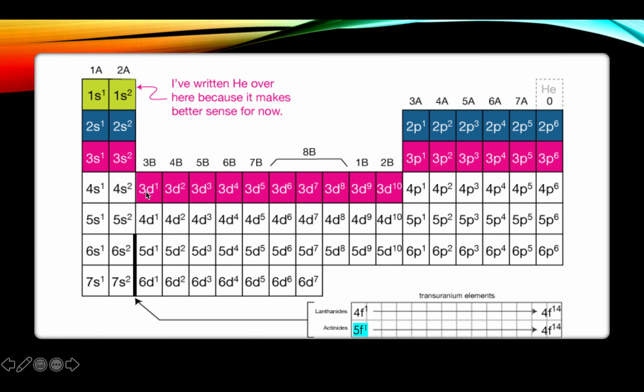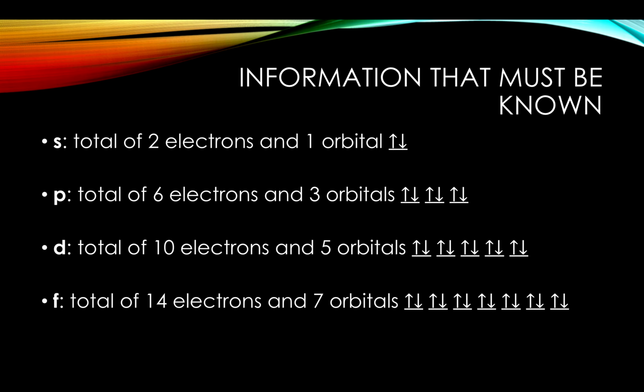The explanation is not going to be given to you because there's a long process. It's more like college level, and it will bring more confusion to you. So going on, for the s orbital, we have two electrons and one orbital. Since one orbital has two electrons, every time we have a number of electrons, we divide it by 2 to get the number of orbitals.